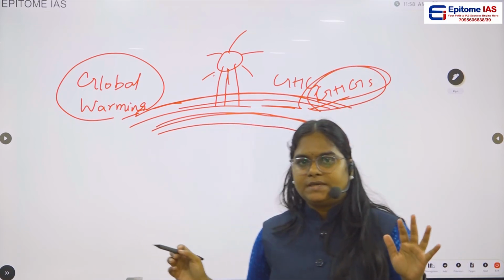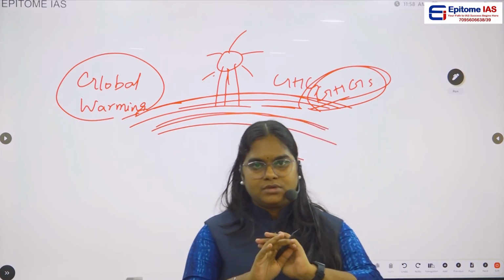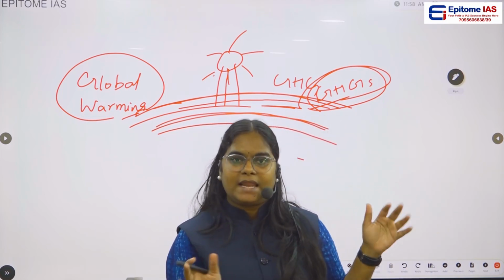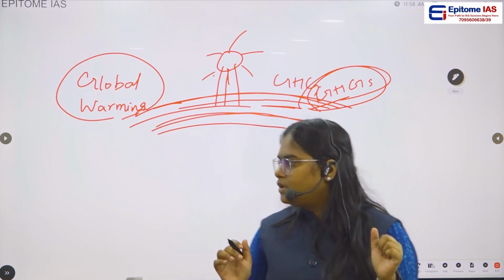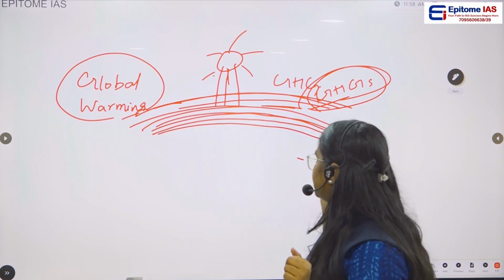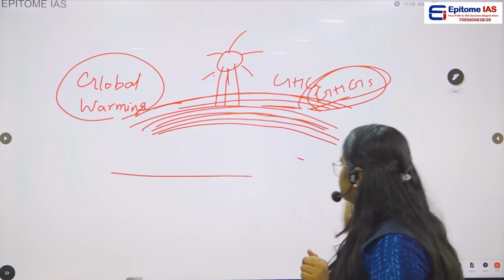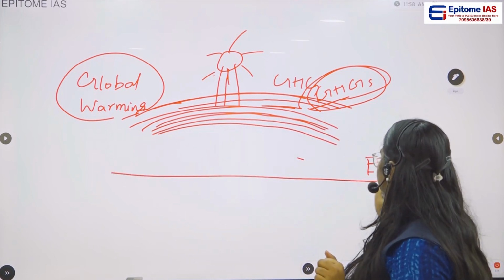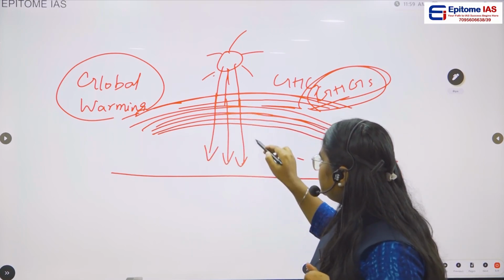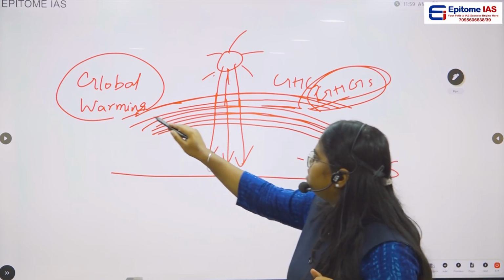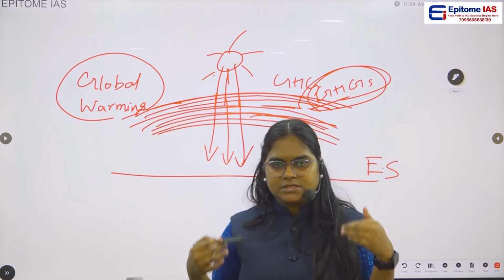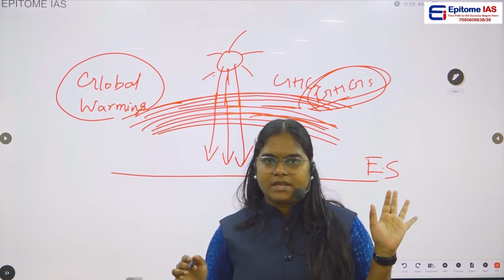How? Let us say, before this human made increase in the greenhouse gases, naturally what happened was, let us say this is the Earth's surface and this is the incoming solar radiation. So in the normal case, these greenhouse gases are present in the atmosphere, and as usual they are transparent to the incoming solar radiation.